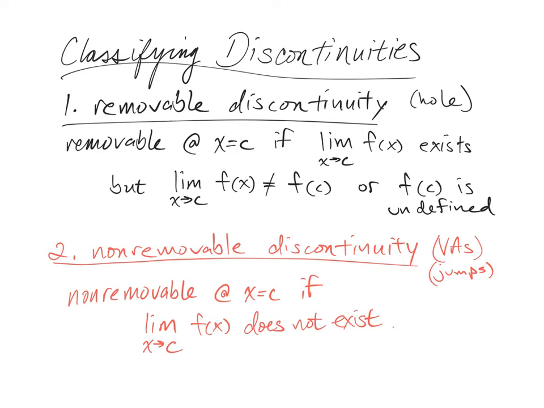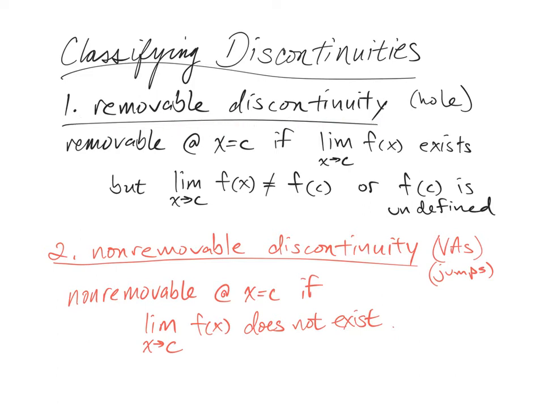One final thing I would like to mention about these discontinuities is if you go back and look at what makes a function continuous at a particular point c, it needs to have a limit existing, and that's why this removable discontinuity here is a discontinuity. The limit does not exist. The function needs to be defined at that particular x value c.